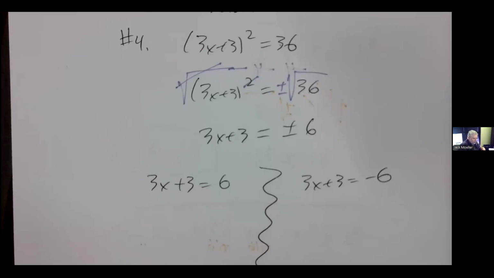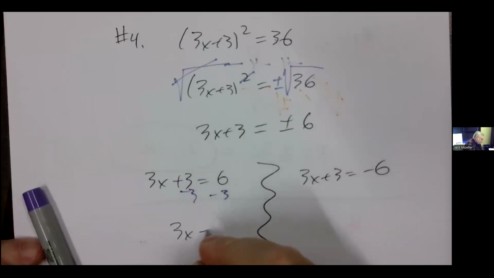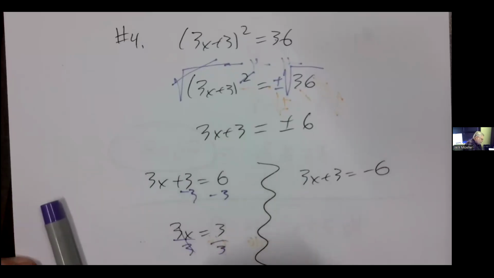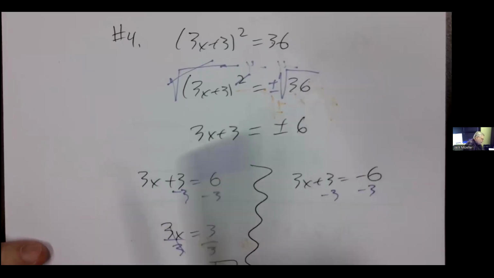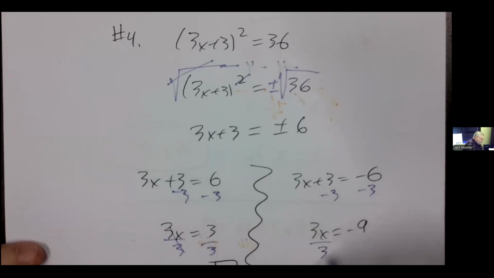From there, it's a normal solve process. We get x equals 1, and minus 3, I think. It's 3x equals negative 9, so yeah, x equals negative 3.